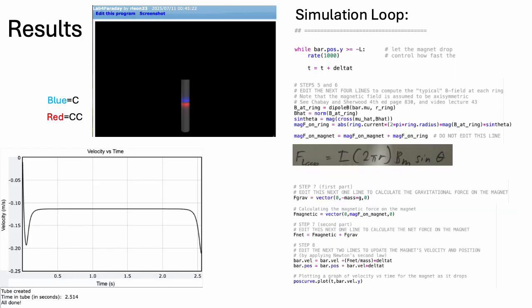Within the simulation loop, the goal here was to calculate the magnetic force first, and then apply that using Newton's second law, iterating through the change in force, the change in velocity, and the change in distance.